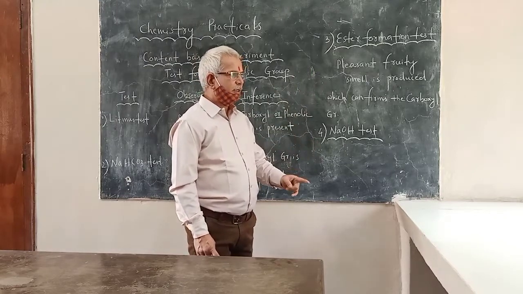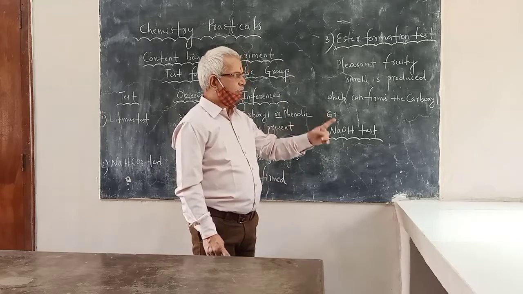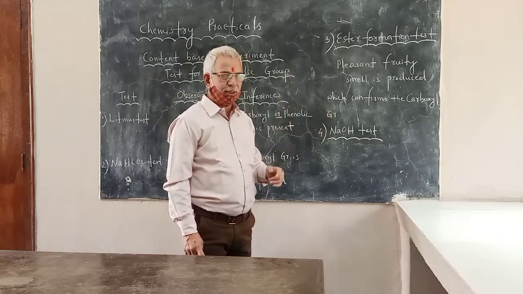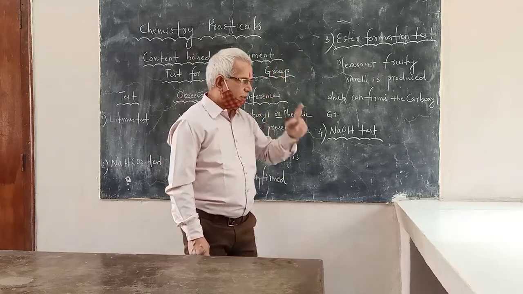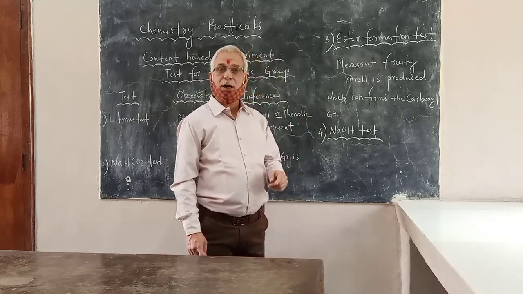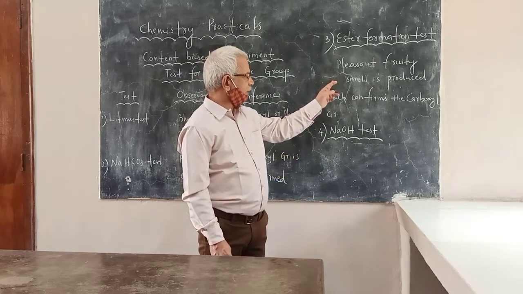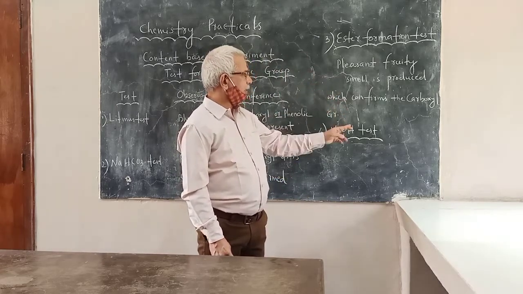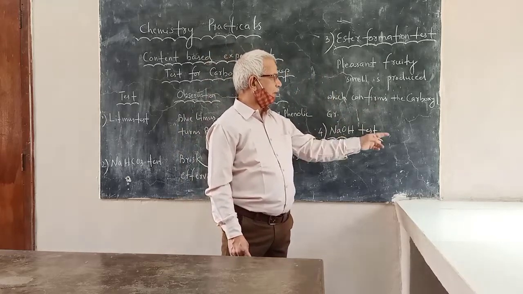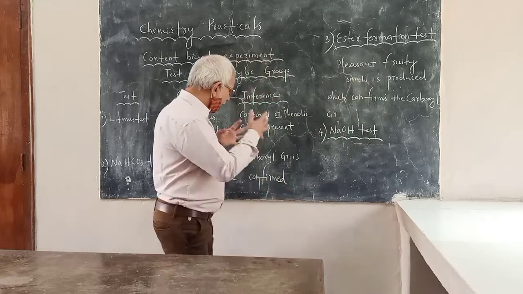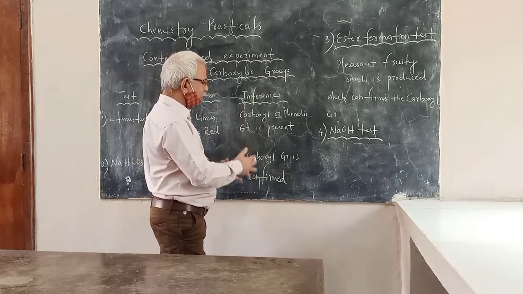All acids with a suitable alcohol in the presence of conc H2SO4 will give the corresponding esters. Here we added acetic acid plus ethanol. Then with conc H2SO4 we got a fruity smell, indicating that ester is formed, and this once again confirms the presence of the carboxyl group. Again and again we are confirming that the given organic compound is a carboxylic acid.